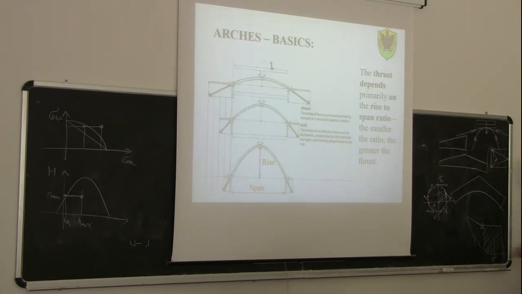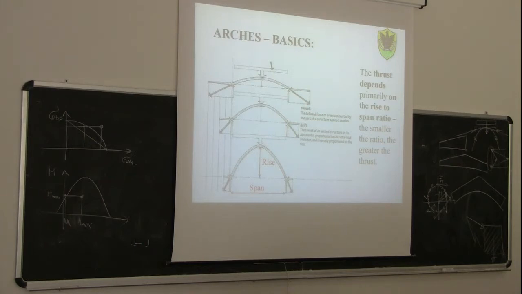So remember that this drawing here is very important, because we need to find a compromise on the rise. Theoretically the rise should be the highest value possible, but sometimes for architectural reasons we cannot go very high. So if we go to a lower rise, we need to remember that the thrust will be very big.